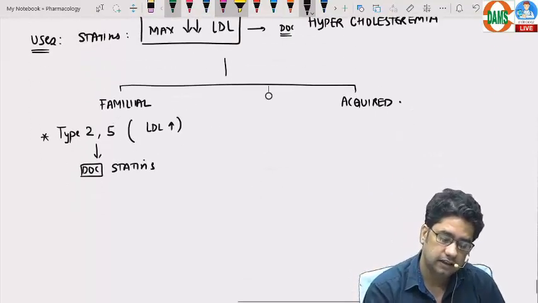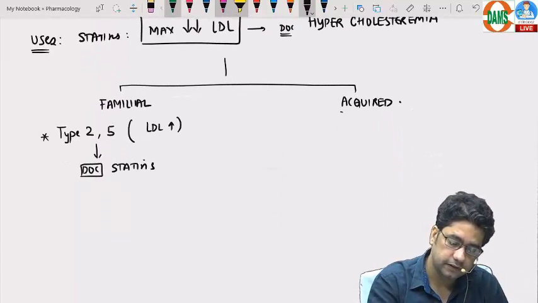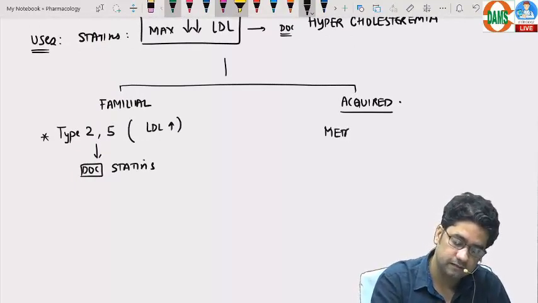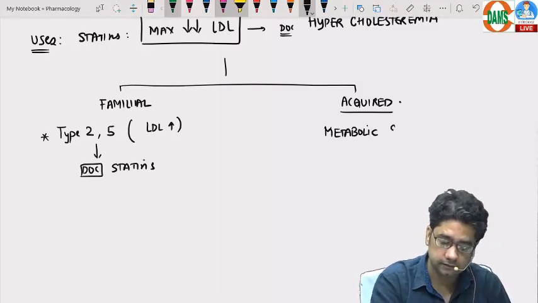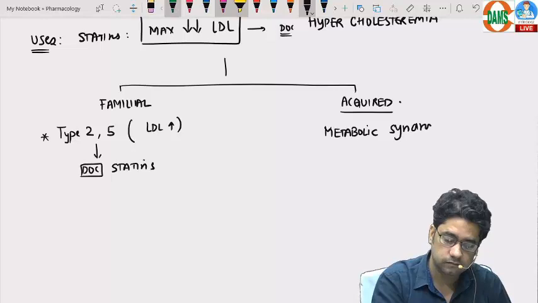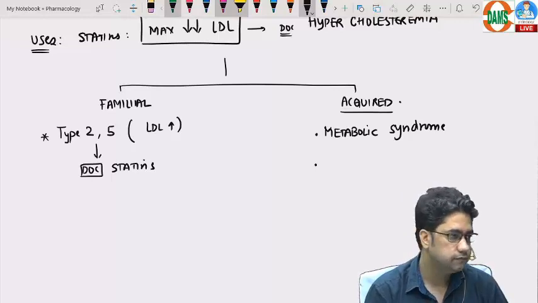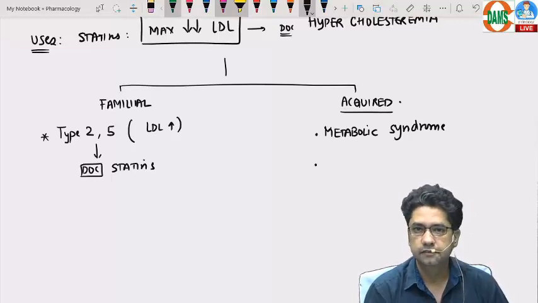Can you tell me certain acquired causes? Yes, acquired causes: we will write metabolic syndrome, हमारा lifestyle, छोले भटूरे, पनीर टिक्का, बटर चिकन, चीज बस्ट पिज्जा, है ना, पूड़ी आलू, दम बिरयानी, है ना, with lot of ghee.